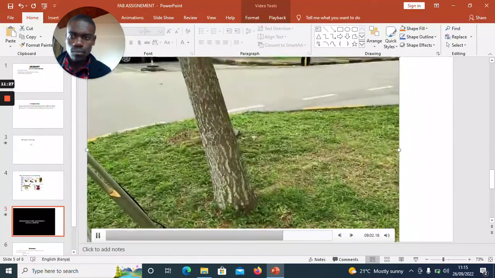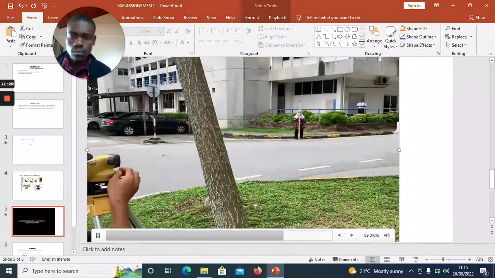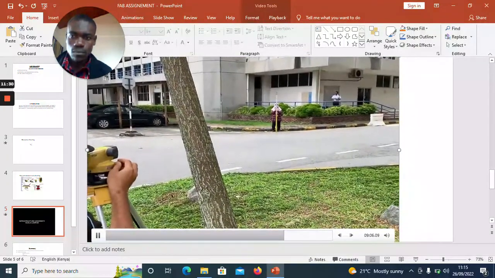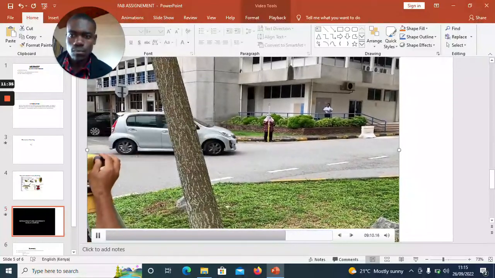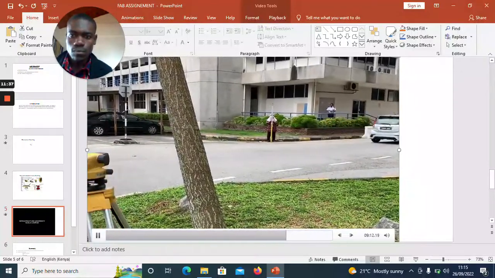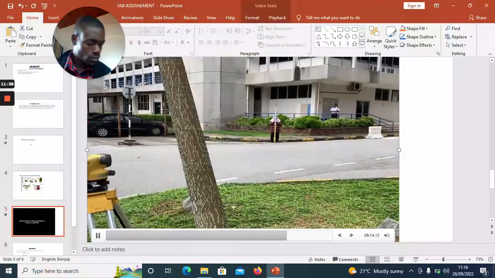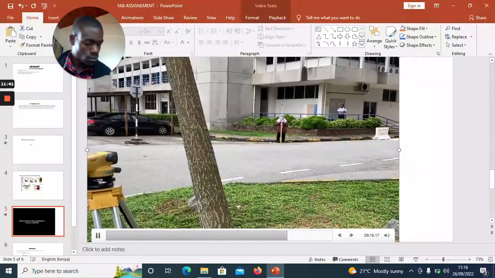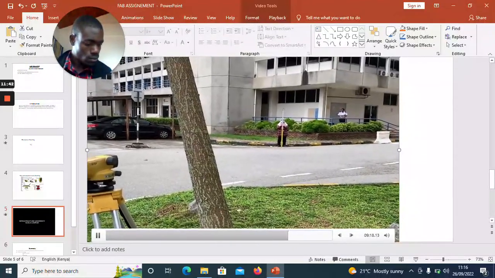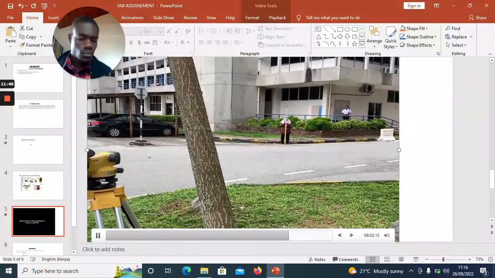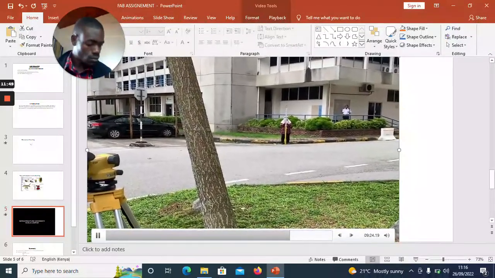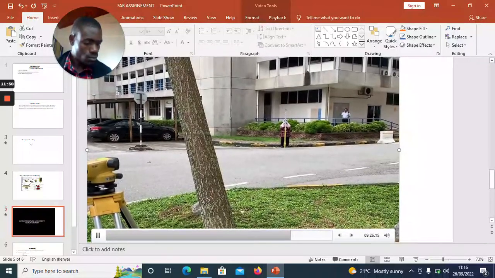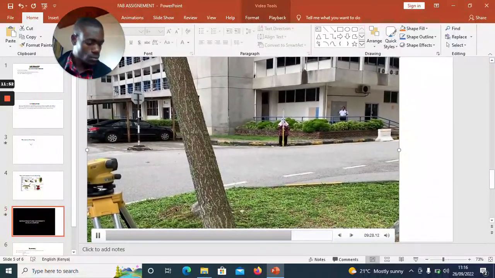So, right now we are taking this measurement from a changing point to our TBM2. So, the reading will be our foresight before we can change our auto level setup to another point, so that we can return the level run to TBM1, the one that we started with just now.